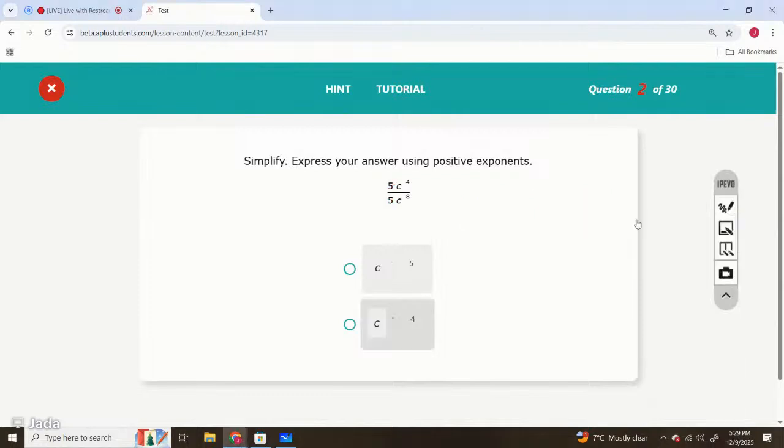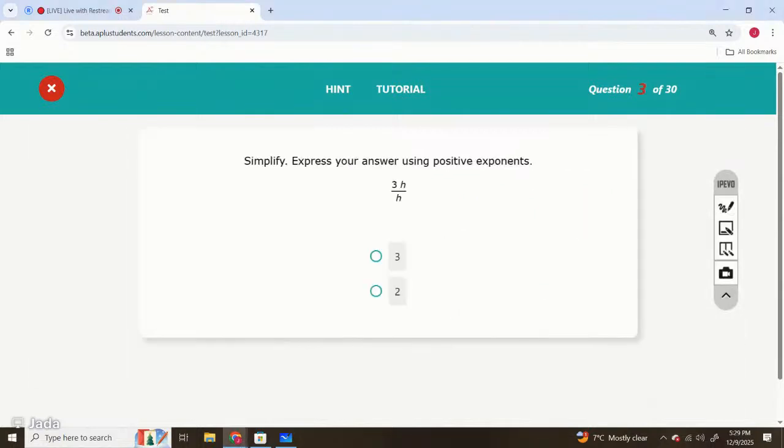Option number 2 is the correct option. 3h divided by h.